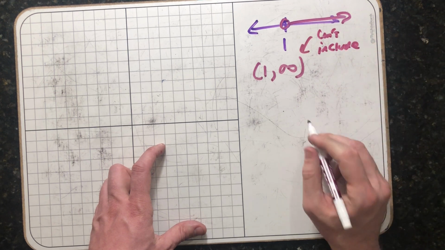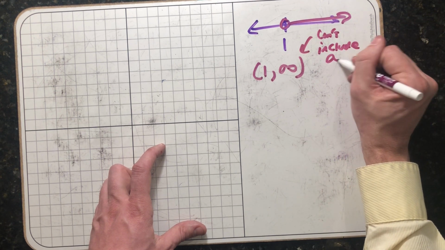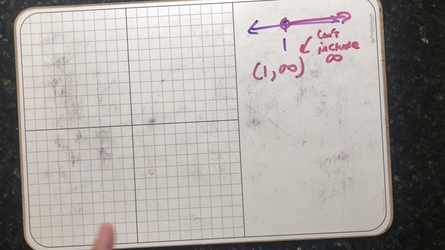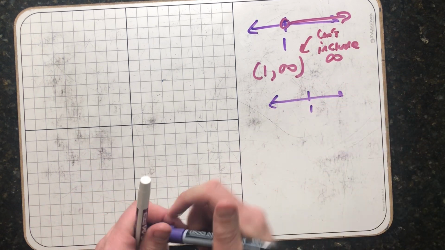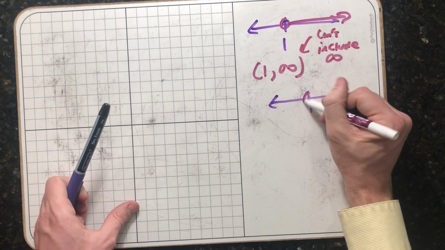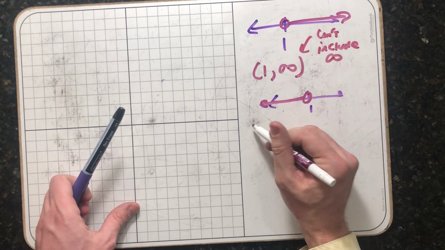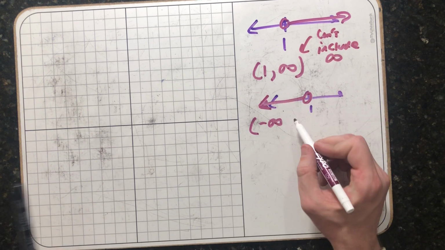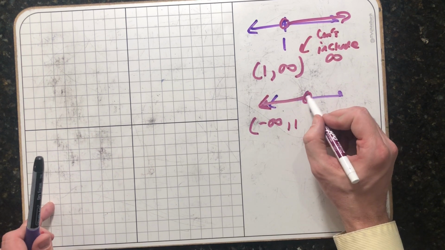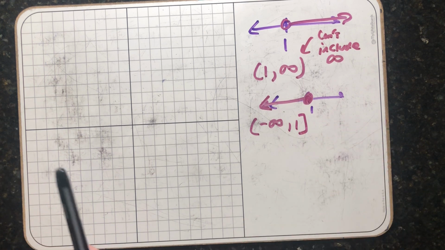Never use a bracket on an infinity. And of course, I could think about turning that around the other way. That interval would start at -infinity, all the way over there as far as it goes with that arrow, and end at 1. Well, I'm going to fill that in, so I get to draw a bracket there.